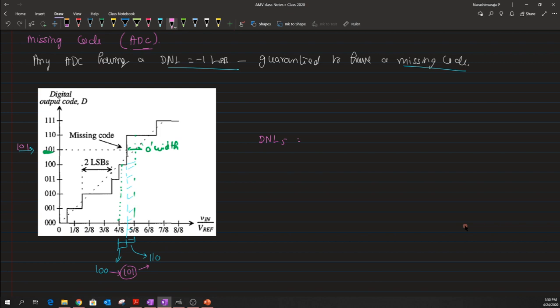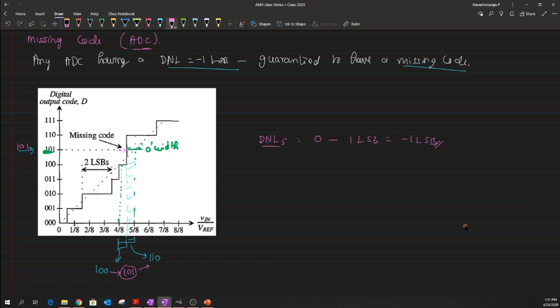Clearly, no corresponding data happens here, and there is no width at this particular segment. So there is a 0 width minus the nominal 1 LSB value, and that results in -1 LSB. Whenever we have a DNL of -1 LSB, the ADC is said to have a missing code.